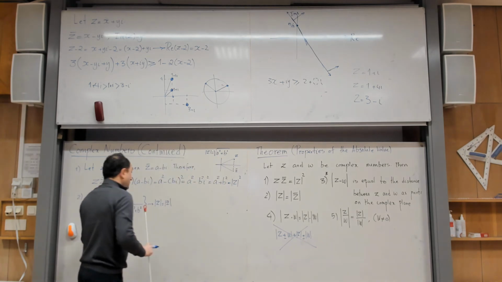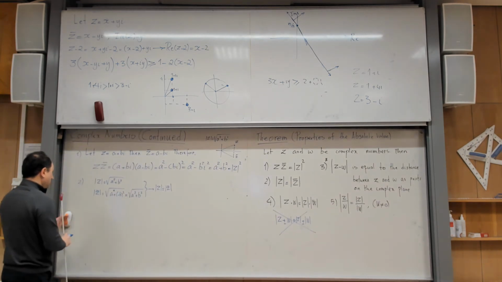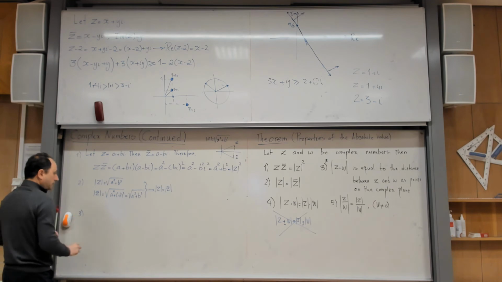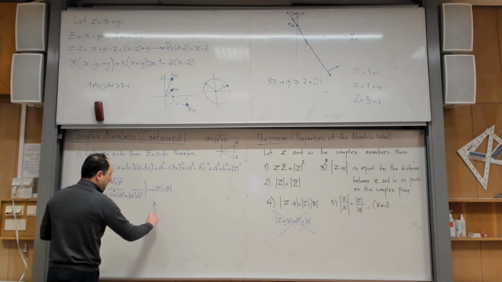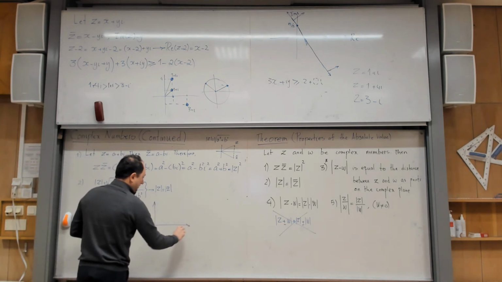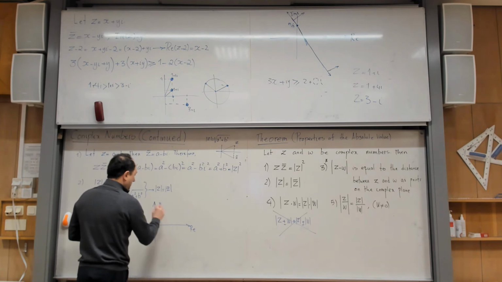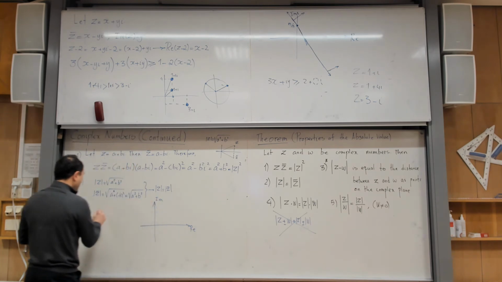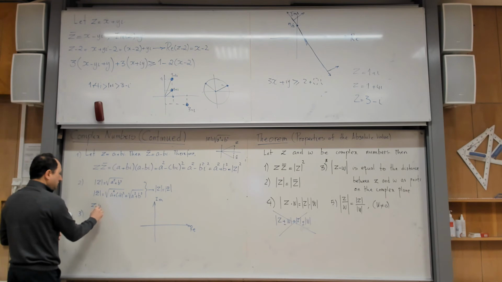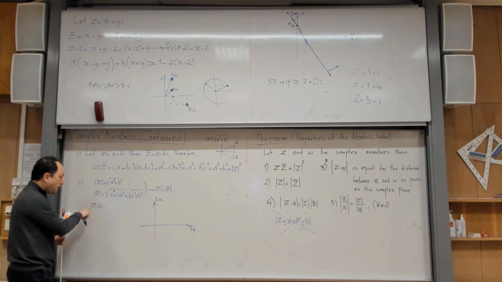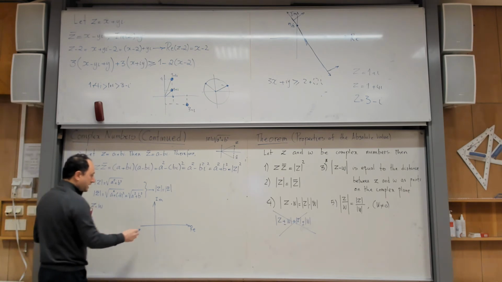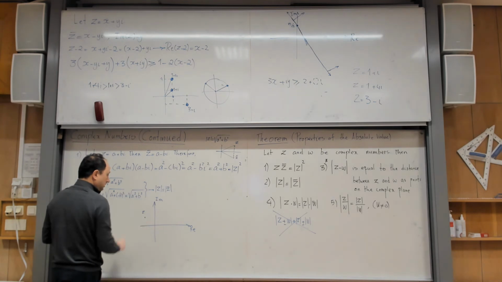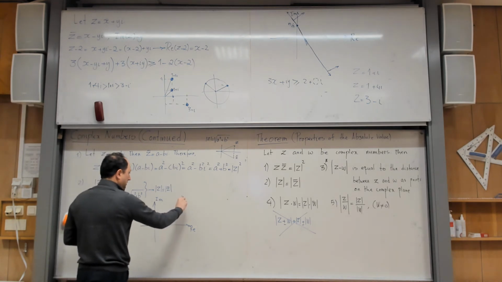Okay? So number three, what is the meaning of that? This means that if I have a complex plane, real part, imaginary part, if you give me two complex numbers z and w, and if I go and find them on the plane, for example, one of them assume it to be here, another one to be there.